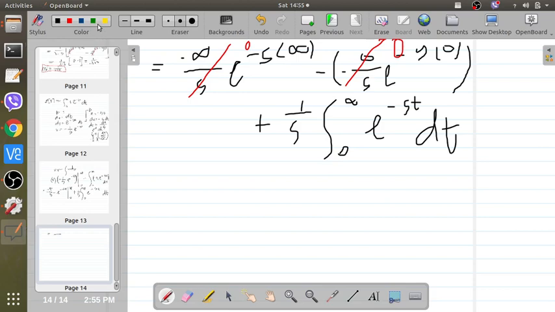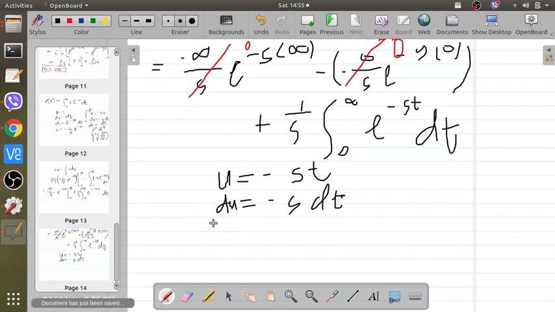of negative st dt. So we can let u be negative st. du is negative s dt, so dt is equal to negative du over s.